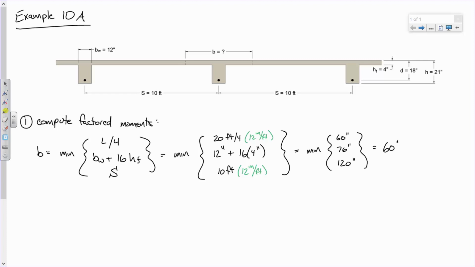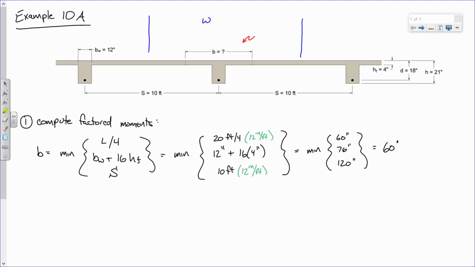Okay, is everybody with me on that? Now, here's something that I think is going to bug you a little bit. Remember, there is a difference between the effective flange width for resistance and how much of this girder we need to consider for loads. In other words, what is the tributary width for this beam? 10 feet.